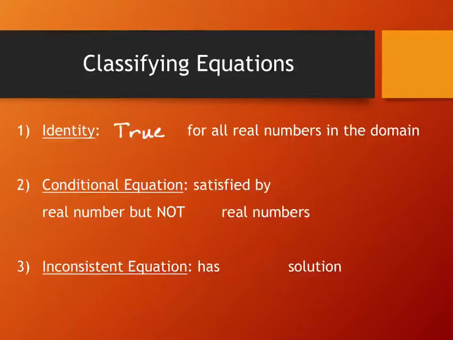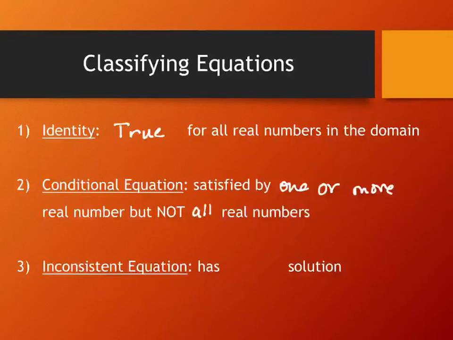Conditional equations is what we see most of the time. Conditional equations are satisfied by one or more real number or numbers, but not by all real numbers. Okay, the last 2 examples that we did were conditional equations. There is one value that worked.